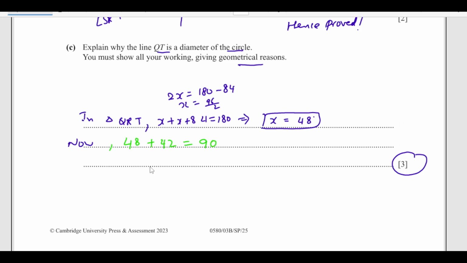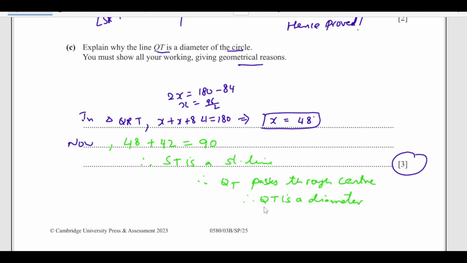So when they are 90, that means therefore QT is a straight line, it passes through the center. So therefore QT passes through the center, therefore QT is a diameter, right. So that's how you can do this question.